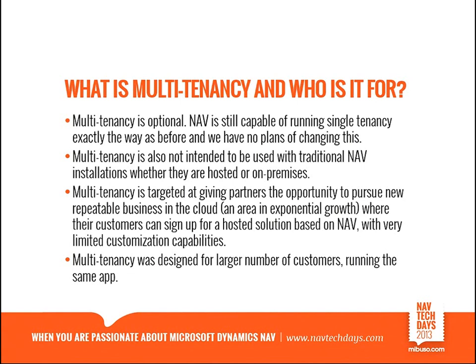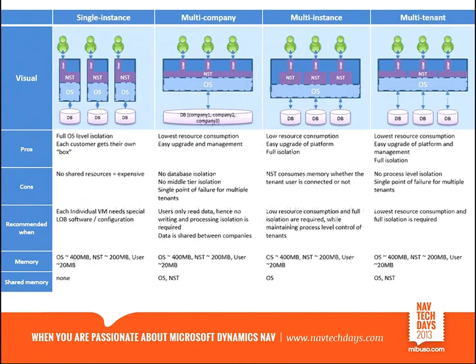So, if we look at this slide, it tells us about a list of how things have evolved in NAV. The single instance way here, where you have one user, or a number of users, connecting to one NST on a single box, connecting to a database.